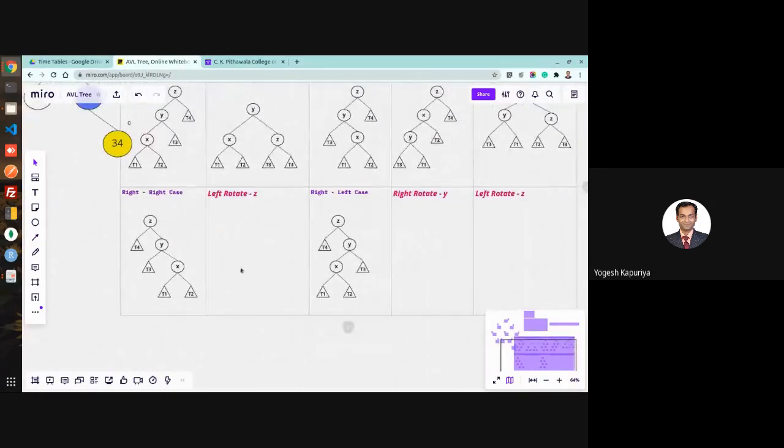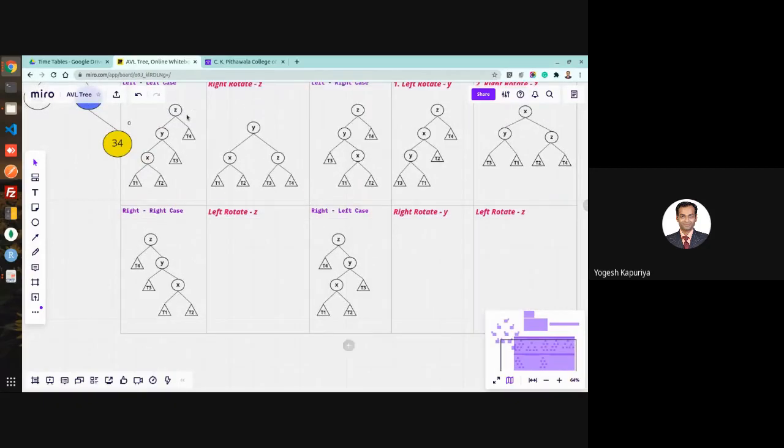Next case is the right case. It is exactly the inverse of this, so exactly the inverse operation is performed. Instead of right rotate, here we are rotating Z in the left direction. So we are rotating Z. Z is being rotated, so it comes here.